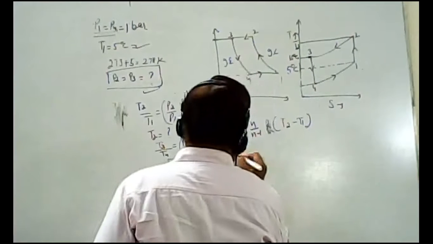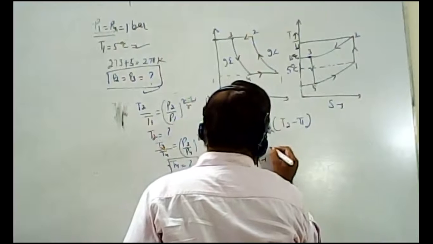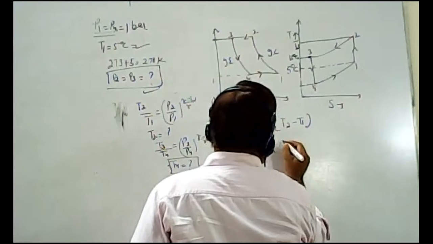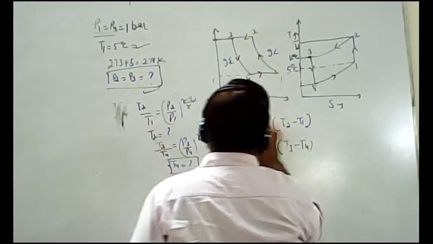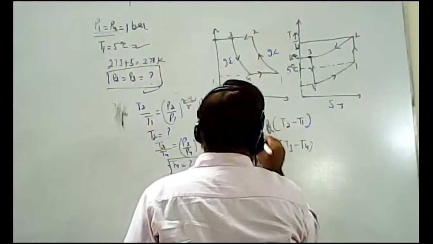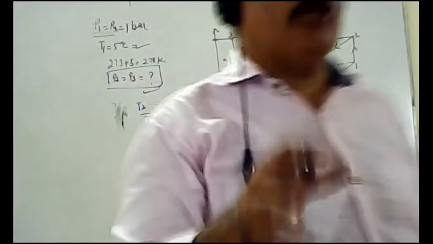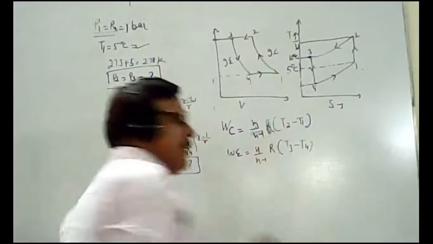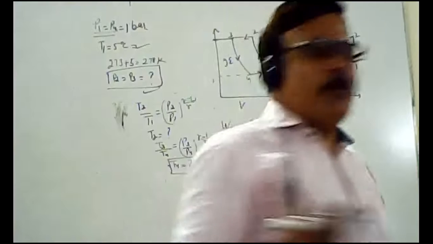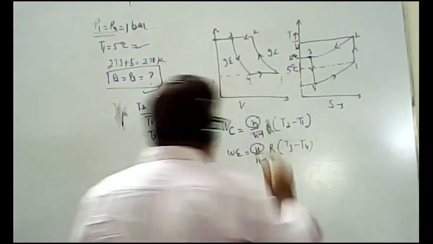And the work done during the expansion process from 3 to 4 is n upon n minus 1 R into T3 minus T4. In this case, you can take the value of n for the compression process, which is already given in your numerical, and likewise n upon n minus 1 for expansion.